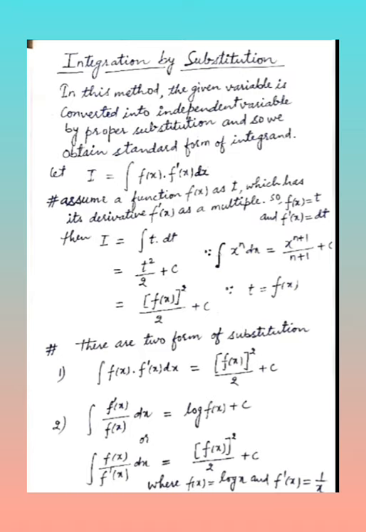Its result is log f(x) plus c. In this second form, we can also write it as integration of f(x) upon f'(x) dx. Its result becomes f(x) raised to power 2 upon 2 plus c. Here f(x) is equal to log x and f'(x) is equal to 1 upon x.